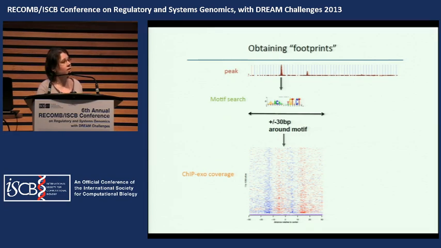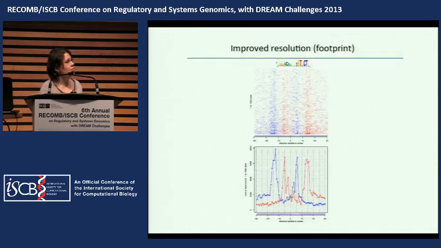For GR, plus or minus 30 base pairs works quite well. Then we look at the ChIP-exo coverage within those regions and make these heat maps. If you pile up all the heat maps, you obtain what we call the footprints. In blue are the forward reads, and in red the reverse reads.